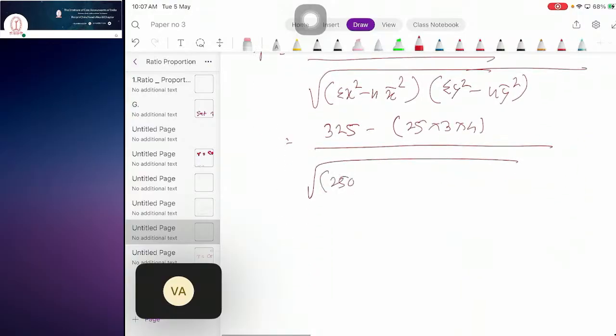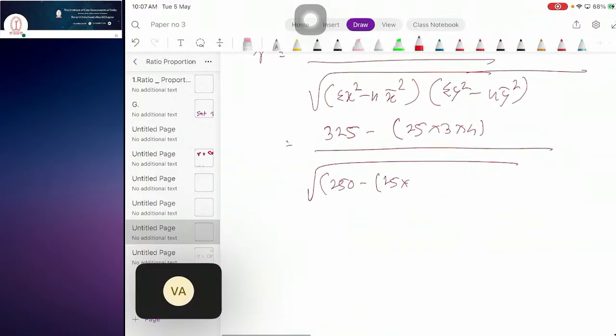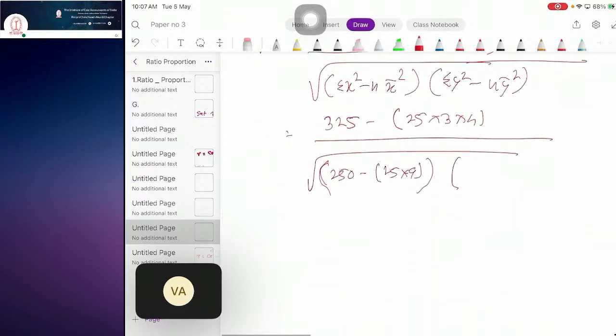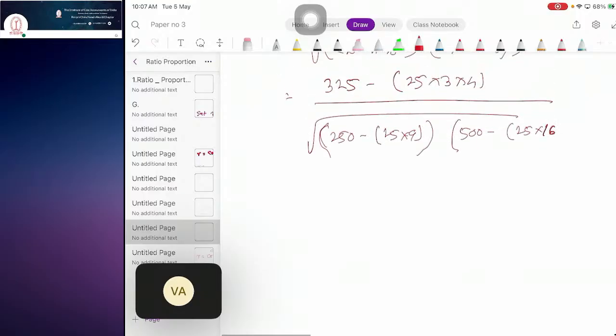We will put it over here. 250 minus n, the value of n is 25, into x bar square. X is 3, its square is 9, so I put 9 here. First bracket complete. Second bracket summation y square. Summation y square is 500. So 500 minus n, the value of n is 25, times y bar square. Y bar is 4, its square is 16, so here we used the value 16.